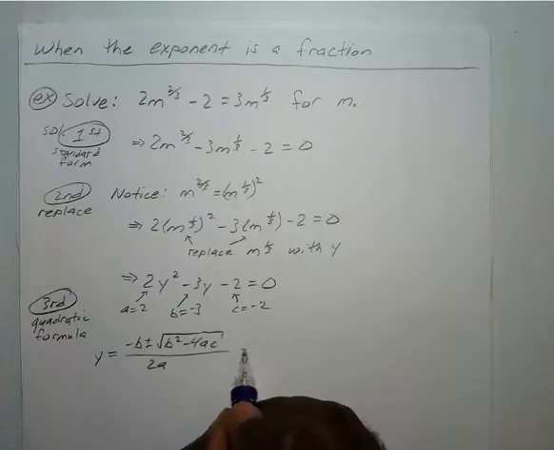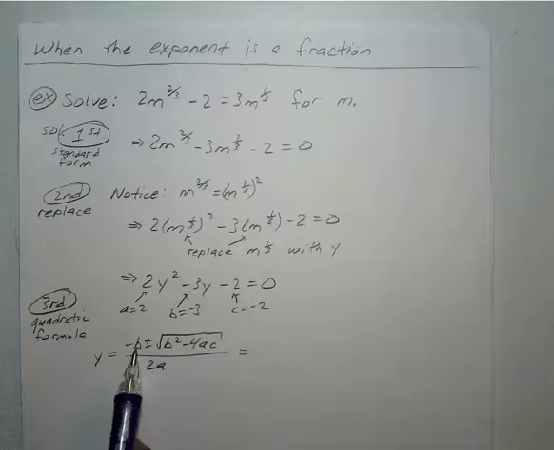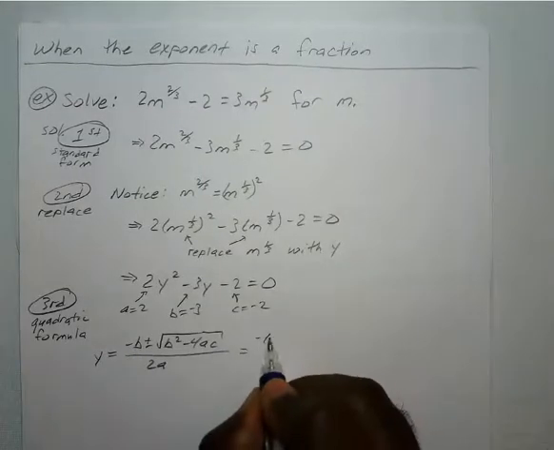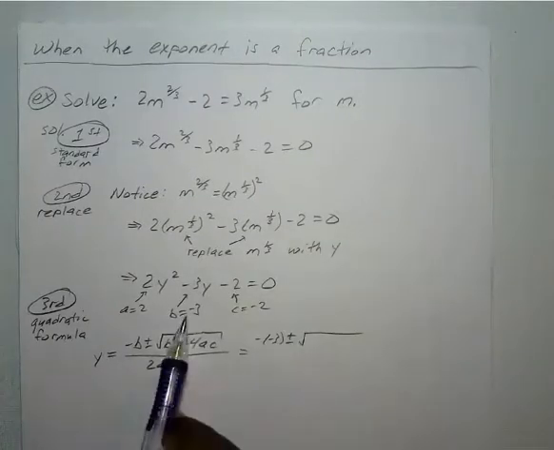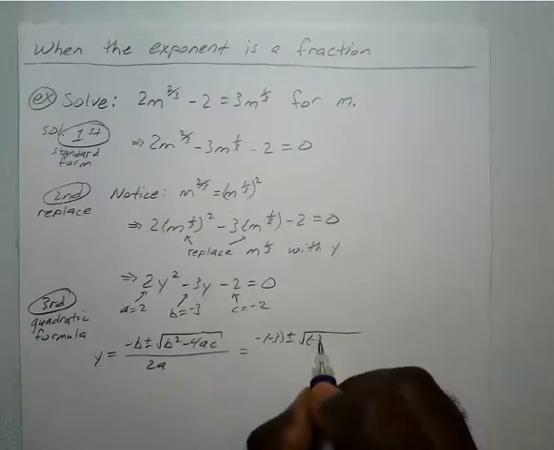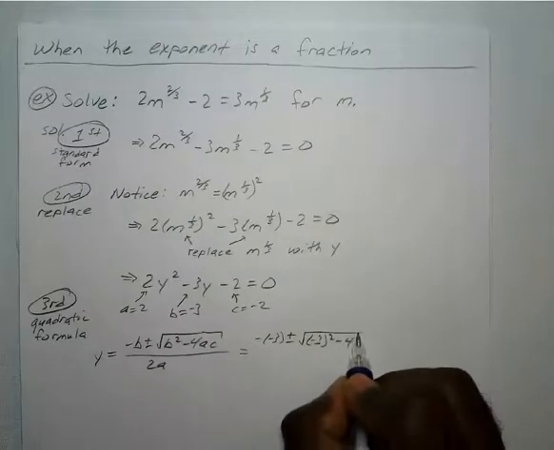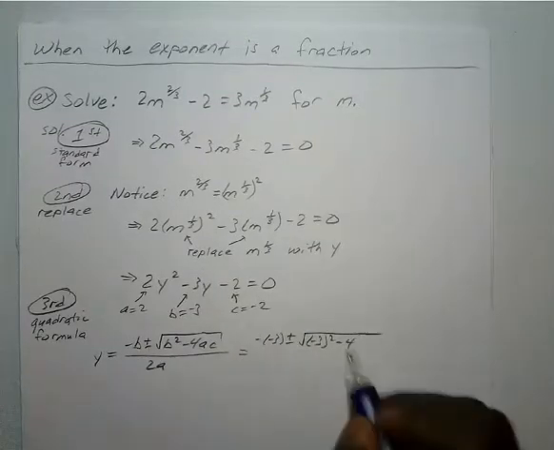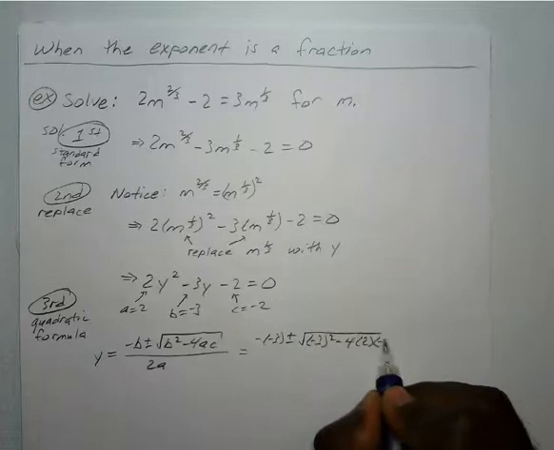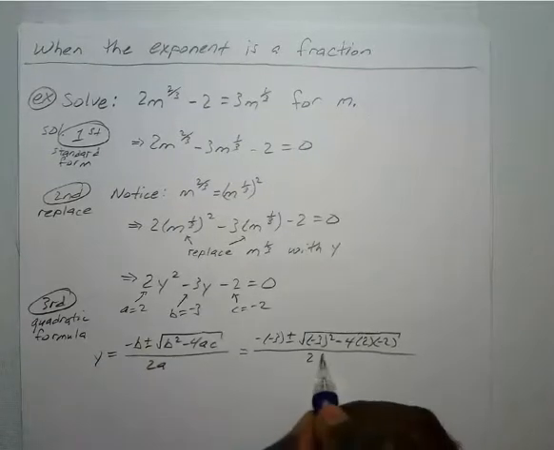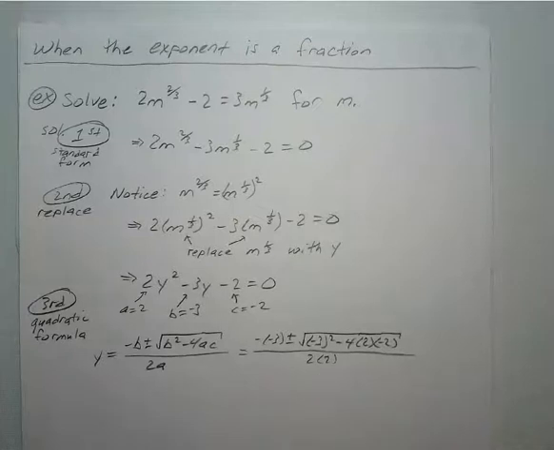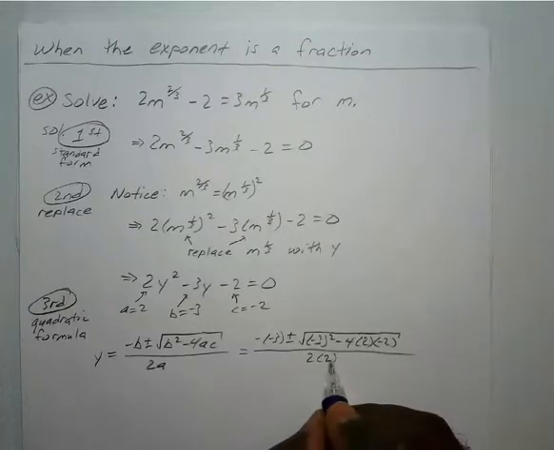That is equal to -b, which is 3, plus or minus the square root of -3 squared, minus 4 times 2 times -2, all over 2 times 2.